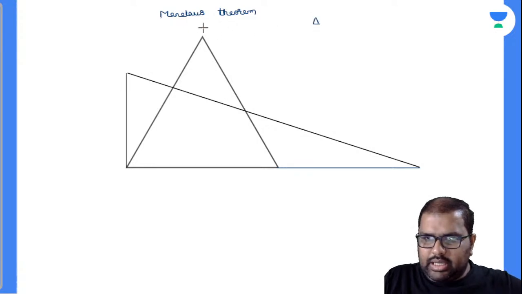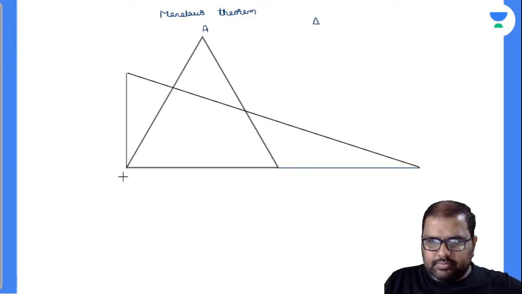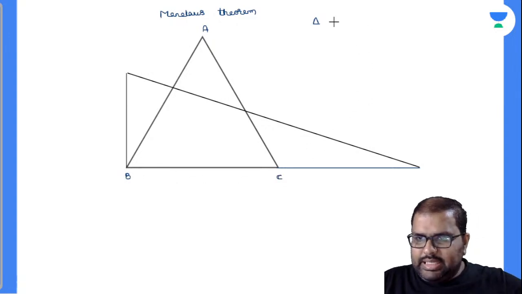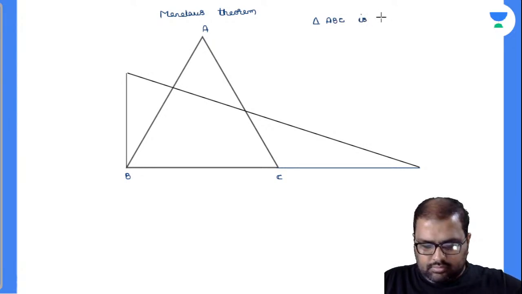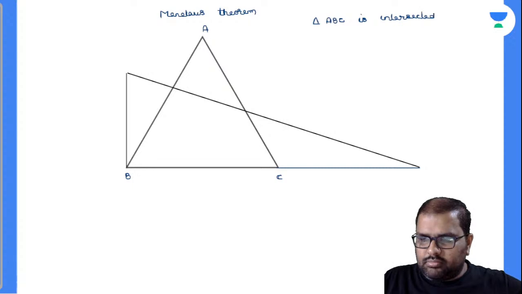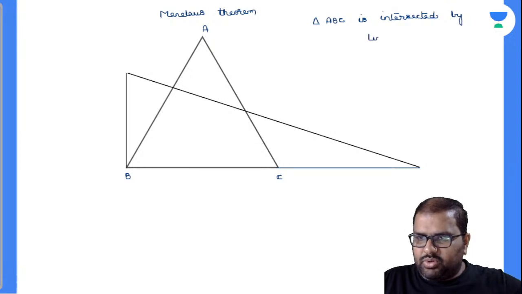So this is your triangle ABC is intersected by line DEF. I'll be explaining what this line DEF is.